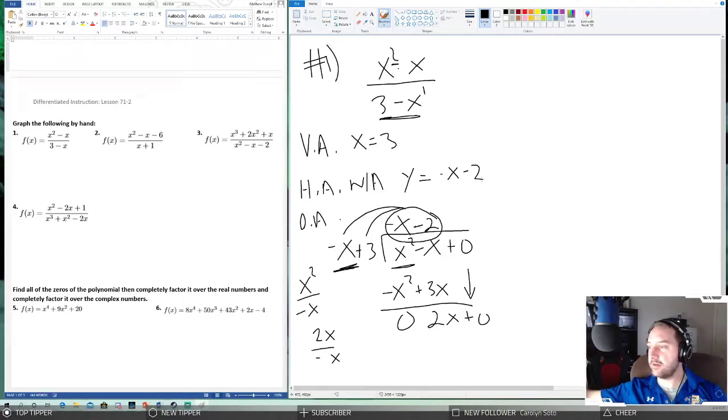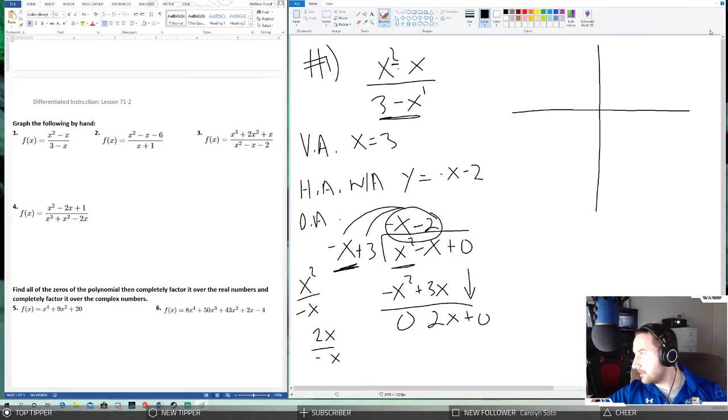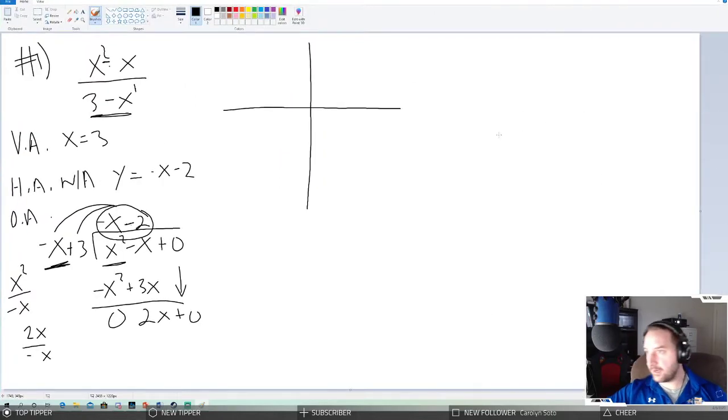So now I can start putting the values on the graph. I'm going to make this a little bit larger because I'm probably going to have to plug in points. So I have my vertical asymptote at x equals 3. And then, did I choose a color that doesn't come up very well?